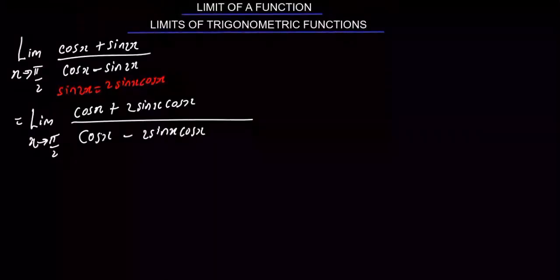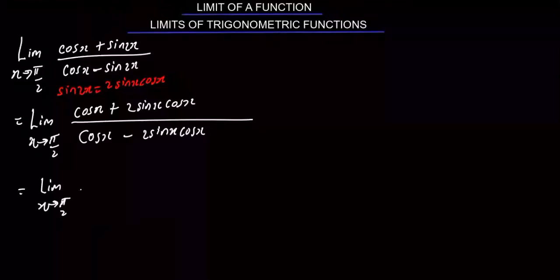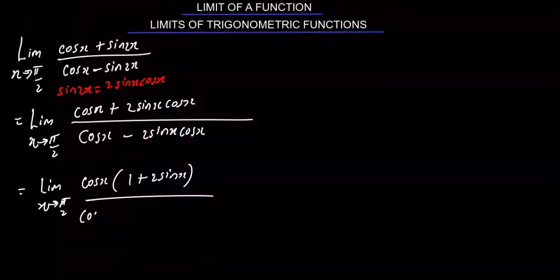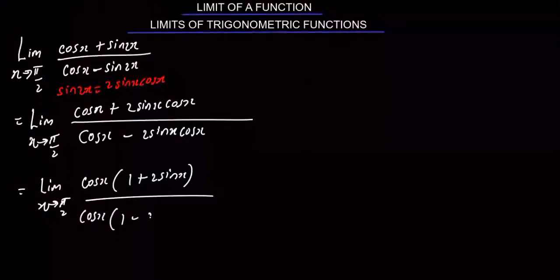Observe that cos x is common, so I'll say the limit as x tends to pi over 2, cos x is common: 1 plus 2 sine x all over 1 minus 2 sine x. So this takes care of this.